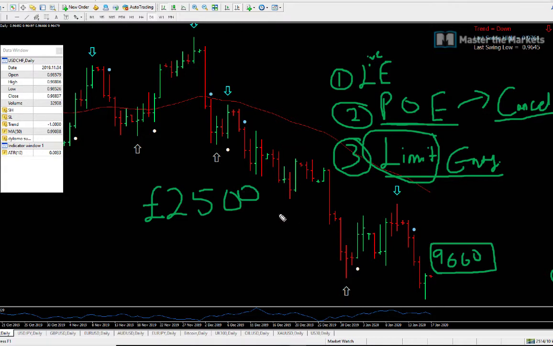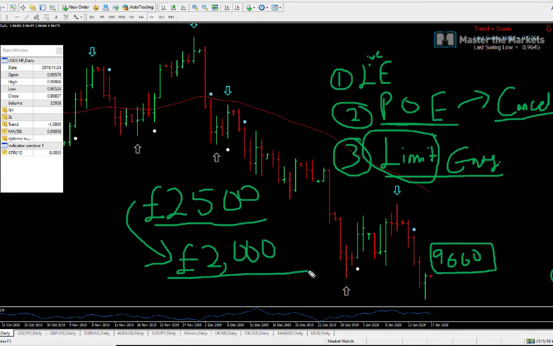A limit price as a buyer would be a better price, something cheaper than that, less than 2,500. So if it drops to £2,000, that would be a limit entry for me. That means it's a better price as an entry.